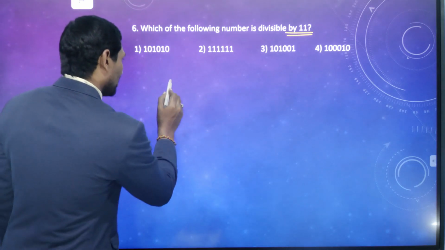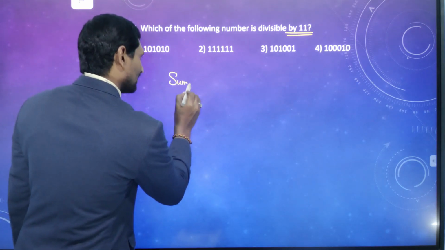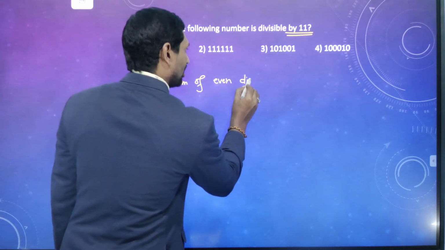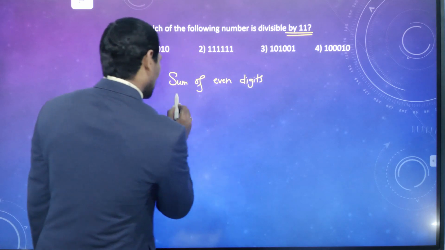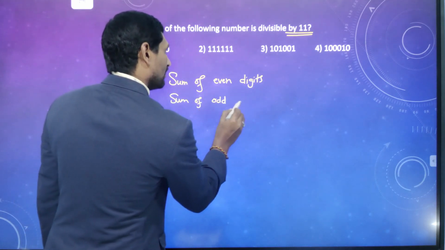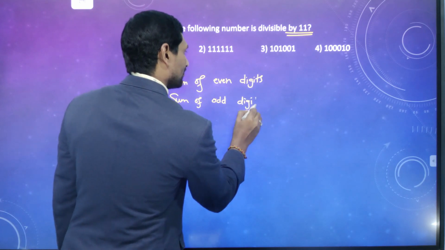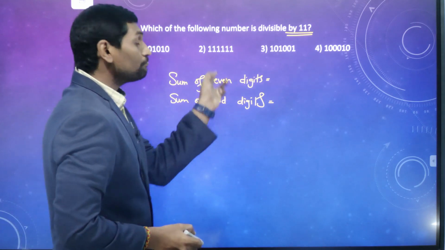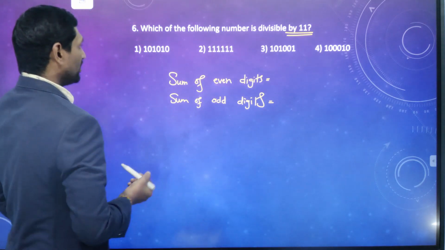Now I am checking the even place digits, the sum of even place digits, and let us check the sum of odd place digits also. Okay, now I am checking the odd places.